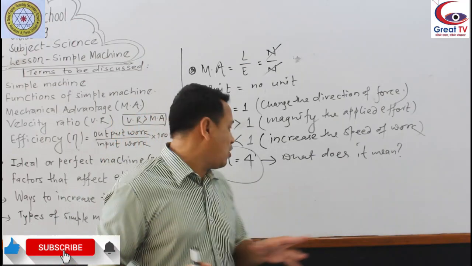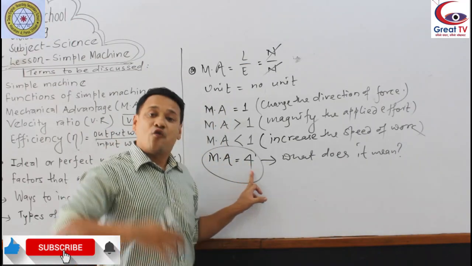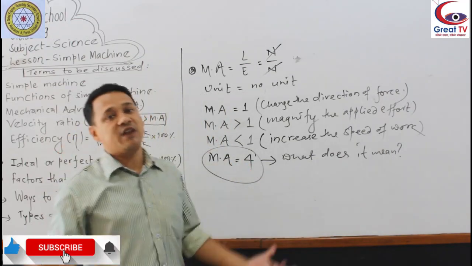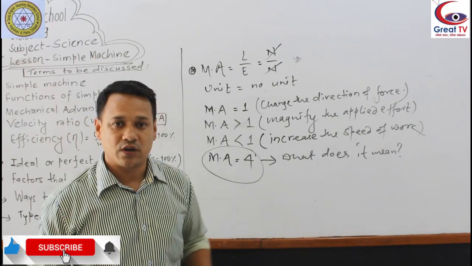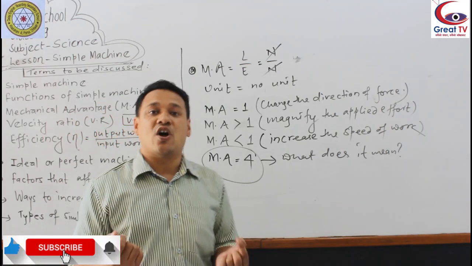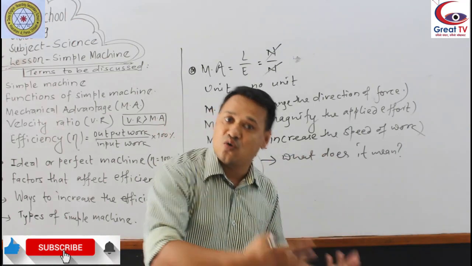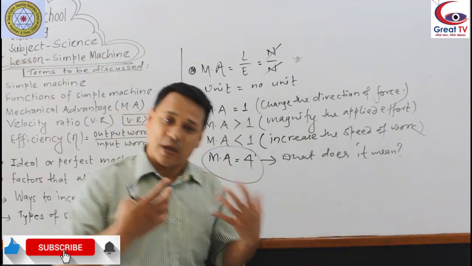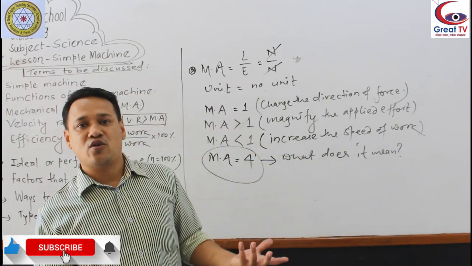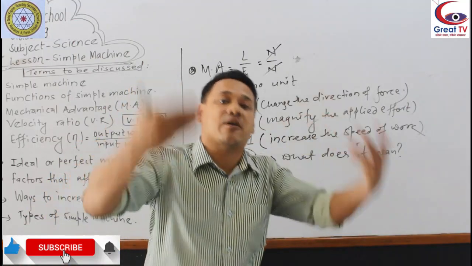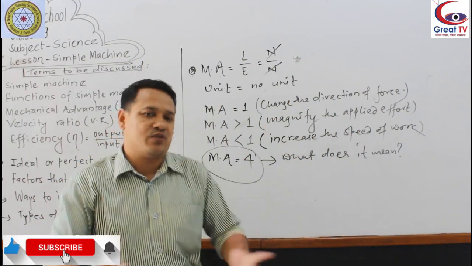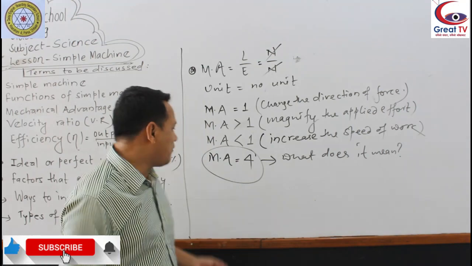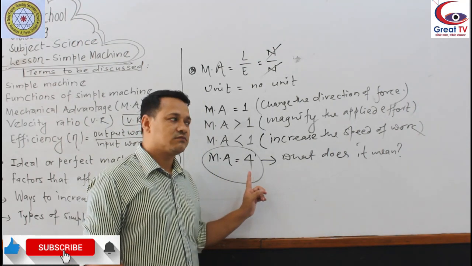Any effort means if you use 100 Newton, then you can lift a 400 Newton load. If you use 50 Newton, then you can lift a 200 Newton load. That is the meaning of mechanical advantage 4.